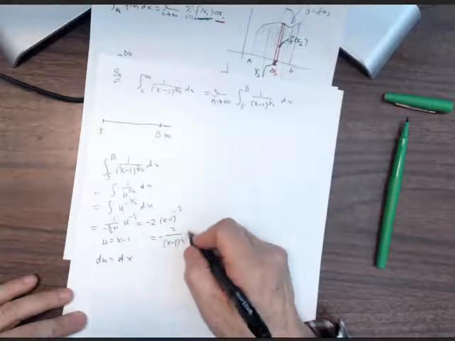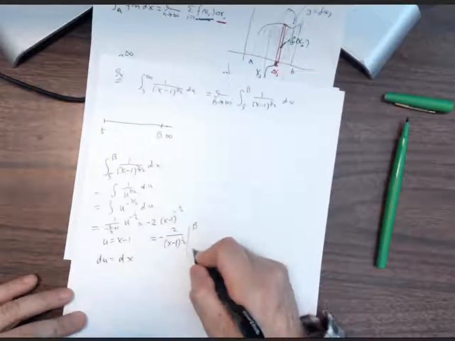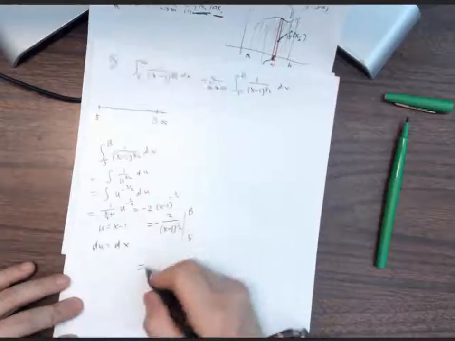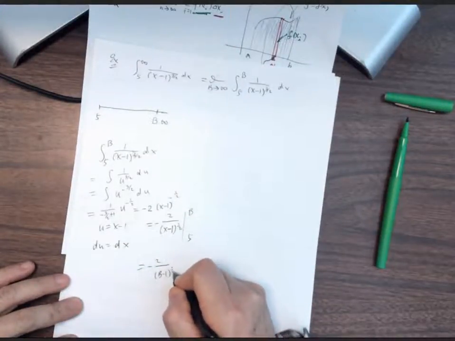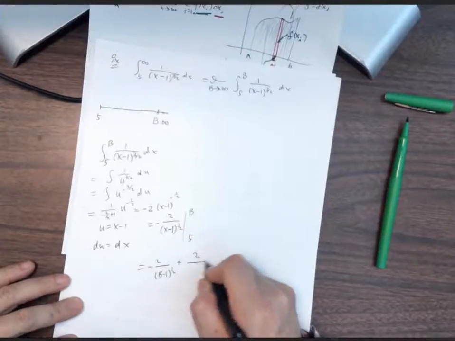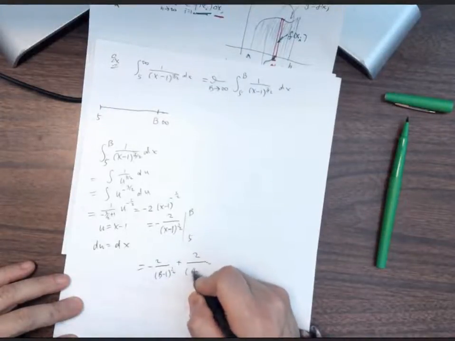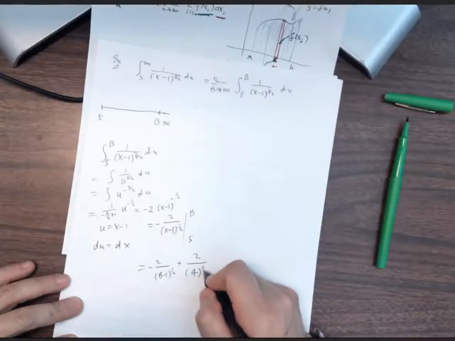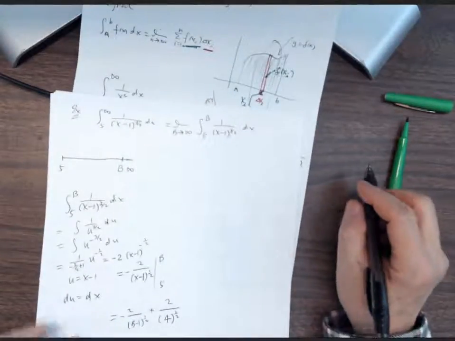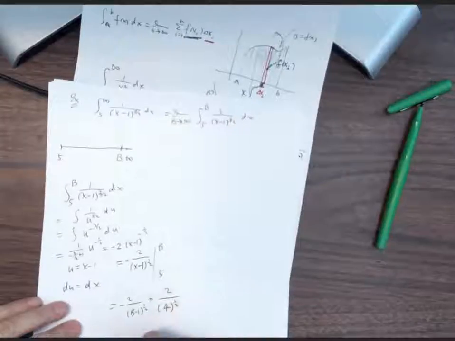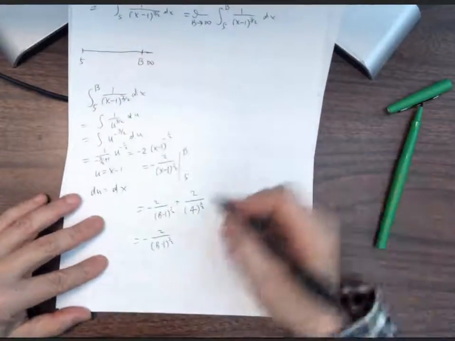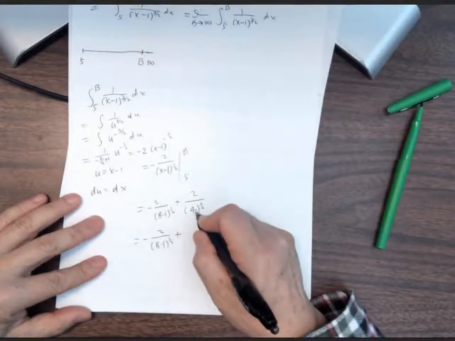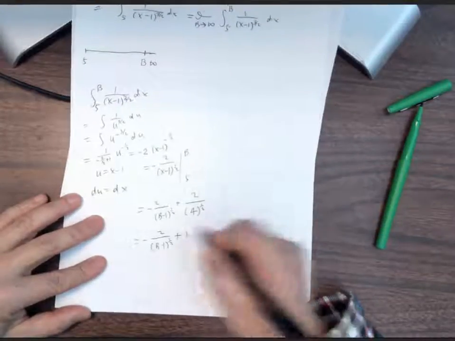Now I got x back. I'm going to put b in, 5 in. So this expression becomes negative 2 over b minus 1 to the half power plus 2 over 4, 5 minus 1. This actually is 1. Let's simplify. 4 to the half power is 2, so it's 1.